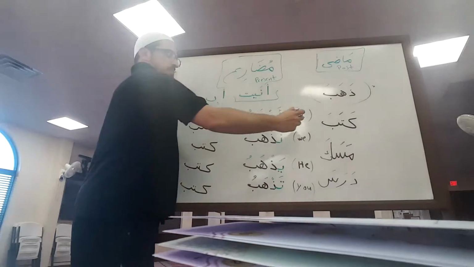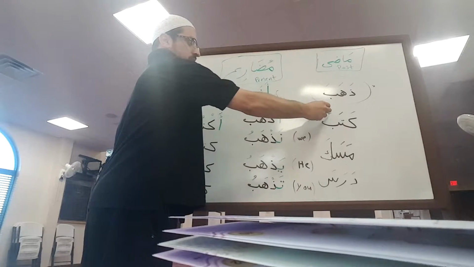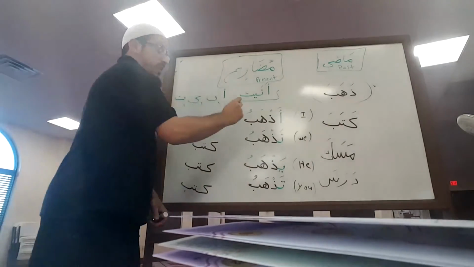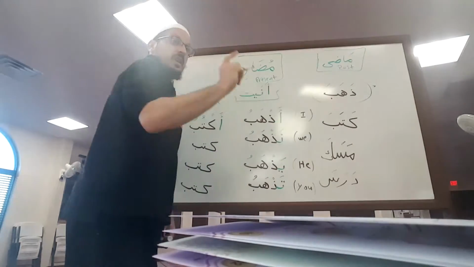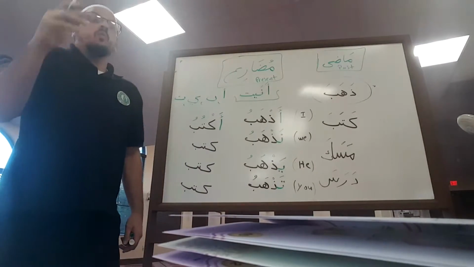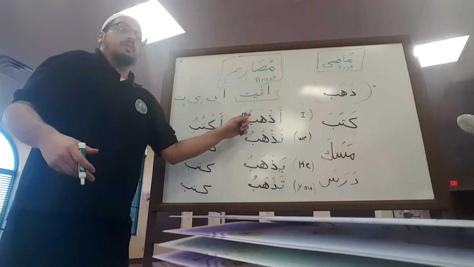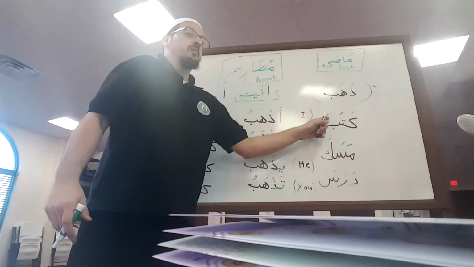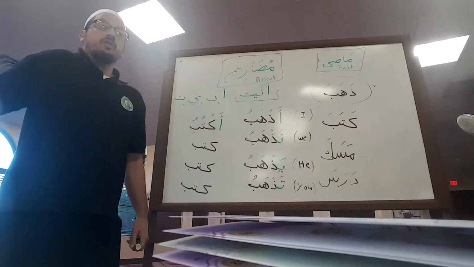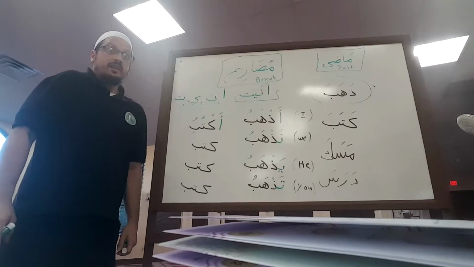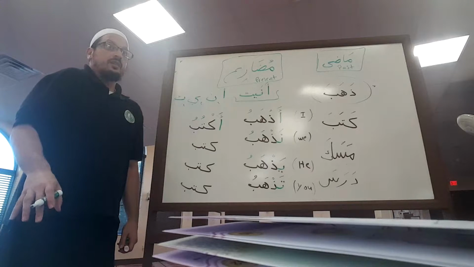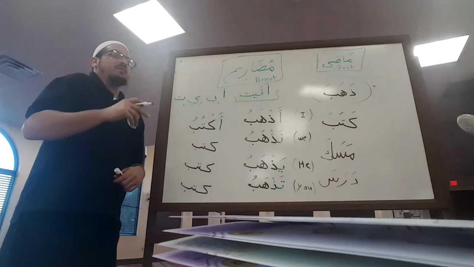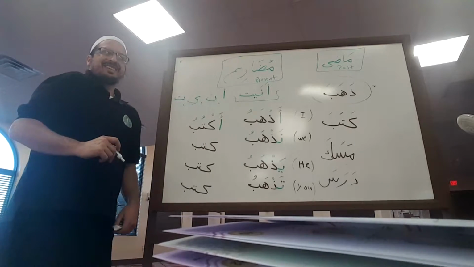This past tense verb has fatha, while here it has dhamma. This is all of grammar, the last vowel. Why is it fatha? This gives you the meaning. What does this indicate? Present tense. What does this indicate? Past tense. So when you look in the Quran and you read that, is it present or past? Then you read that vowel and it's present.